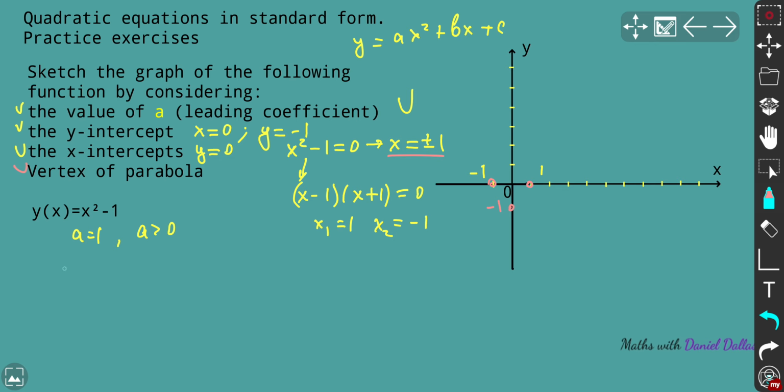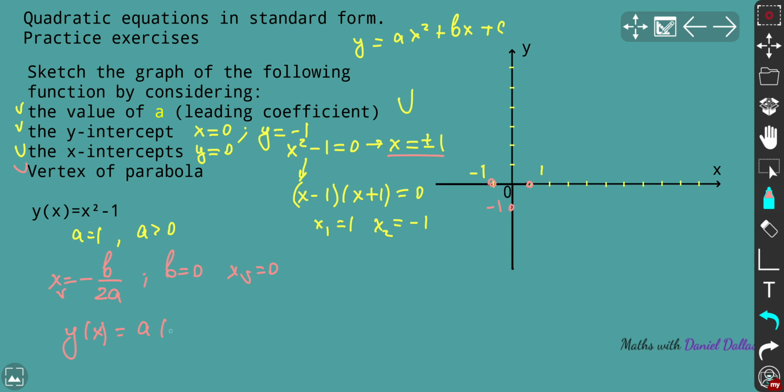Let's explore the vertex. The vertex can be figured out, that's x vertex, using the formula minus b over 2a. In our case, b is 0, so that's why x vertex is simply 0. Here's another approach. If you consider the vertex form of the parabola, I just mentioned that, but we are going to consider it next time, the vertex form for explanation.